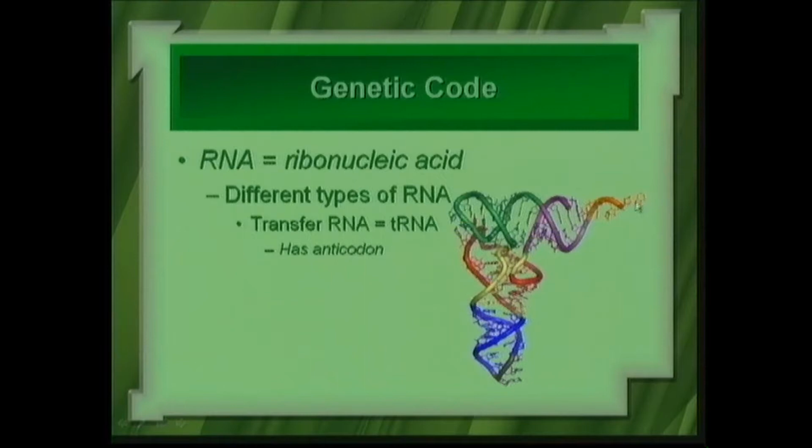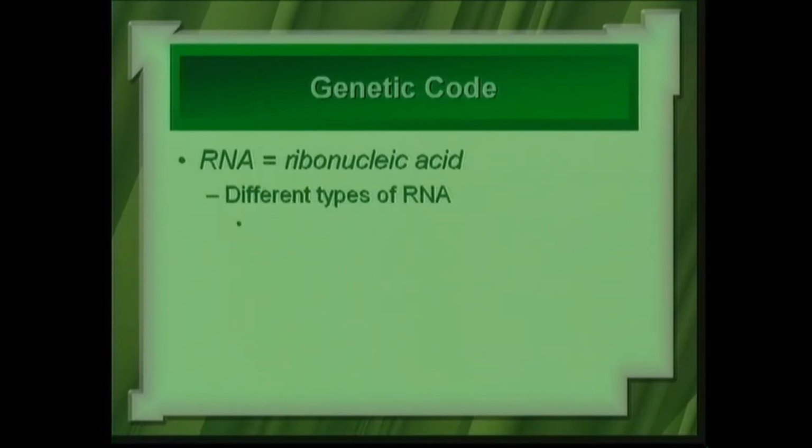On one side of the transfer RNA, you have a binding site for an amino acid. Each kind of transfer RNA will only have one type of amino acid on that side. On the other side, you have something called an anticodon. It's going to be complementary to the codon, and the codon is on the messenger RNA. We're going to get into that in a little bit.